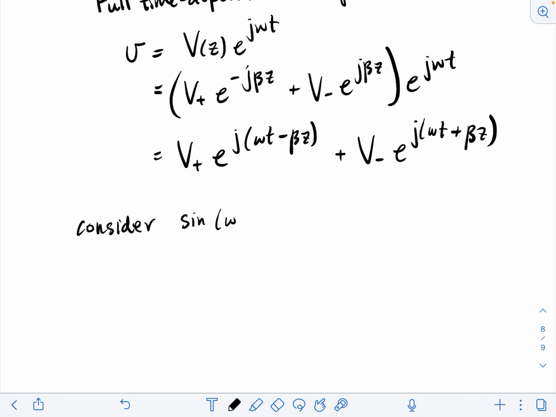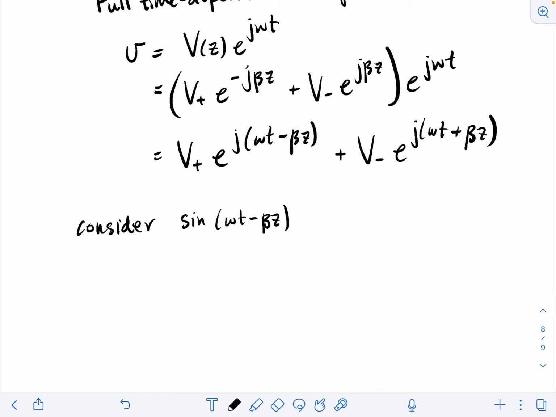You know that this complex exponential e to the jx could be written as cosine x plus j sine x. So these complex exponentials are related in an intimate way to trig functions.